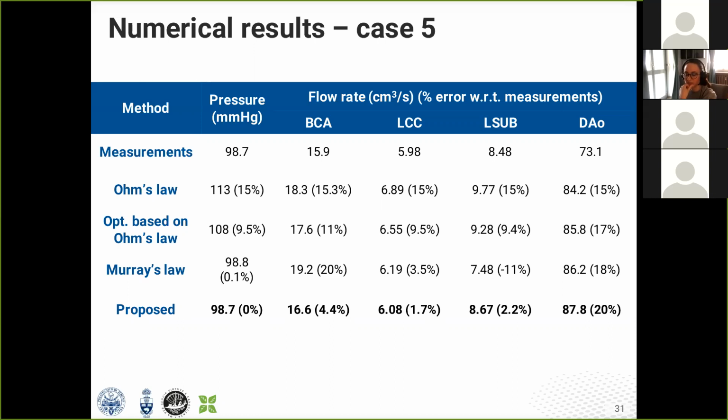But sometimes they need that a value has to be more than some particular one. For example, for Murray's law you have a percentage error that is negative, so you have an underestimation, while for the optimal control value you have an overestimation. So sometimes there is a need for a consistent under or overestimation.